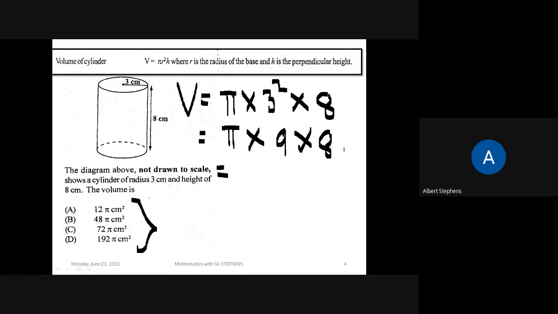What's 9 eights? It will be 72. So we end up with pi times 72. Now we're not going to work out pi because in all the answers we have pi. So we rearrange this to write 72 pi. So that's the volume of the cylinder.